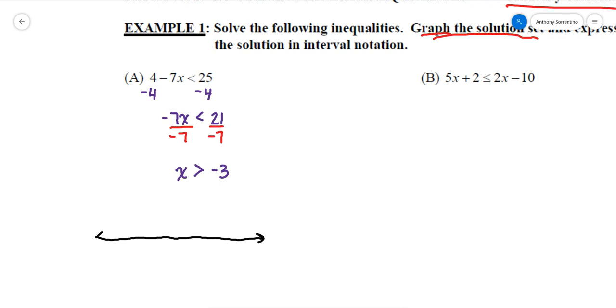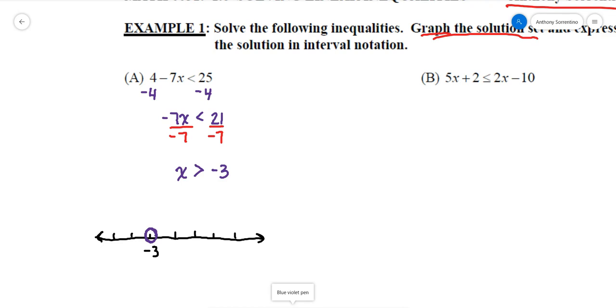Now when I graph these number lines, I never have to really make them super sophisticated, okay? I'm just going to say, okay, well here's negative 3. So you can say that's negative 2, negative 1, 0, 1. I'm just going to say where negative 3 is, okay? And for this solution, I'm not going to be able to equal negative 3, because if I equal negative 3, that's going to give me an instance where I have 4 minus 7x equaling 25.